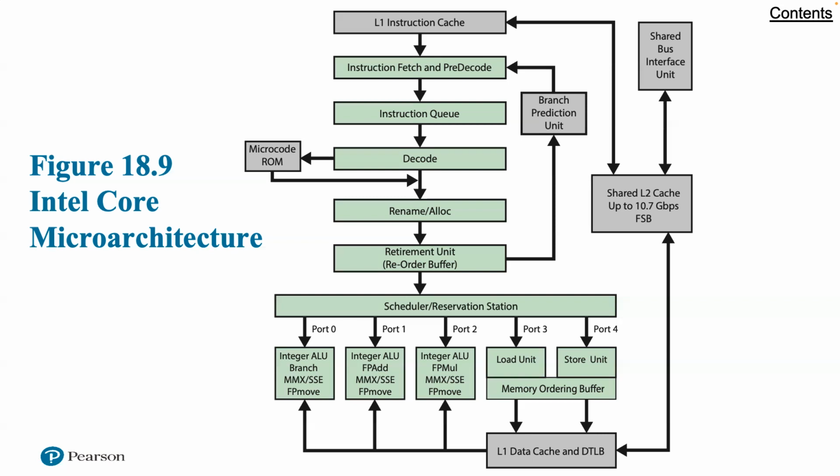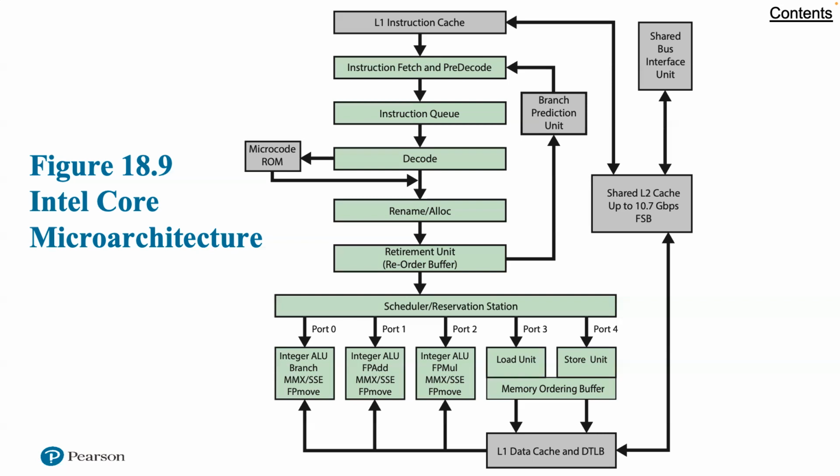Figure 18.9, which we're showing here, shows the current version of the x86 pipeline architecture. Intel refers to a pipeline architecture as microarchitecture. The microarchitecture underlies and implements the machine's instruction set architecture. The microarchitecture is referred to as the Intel Core microarchitecture.